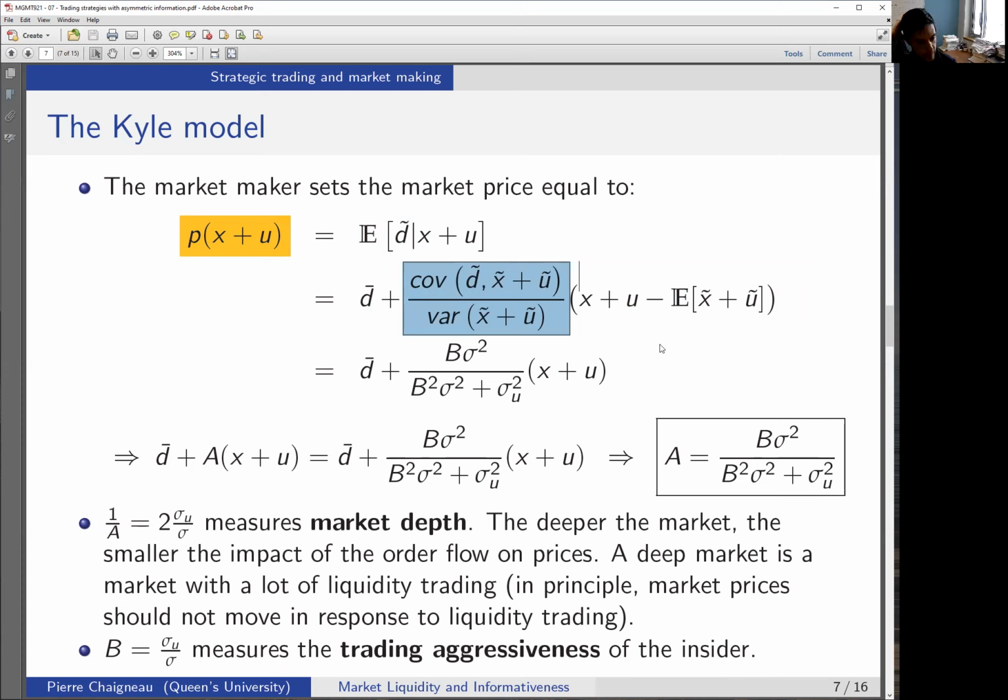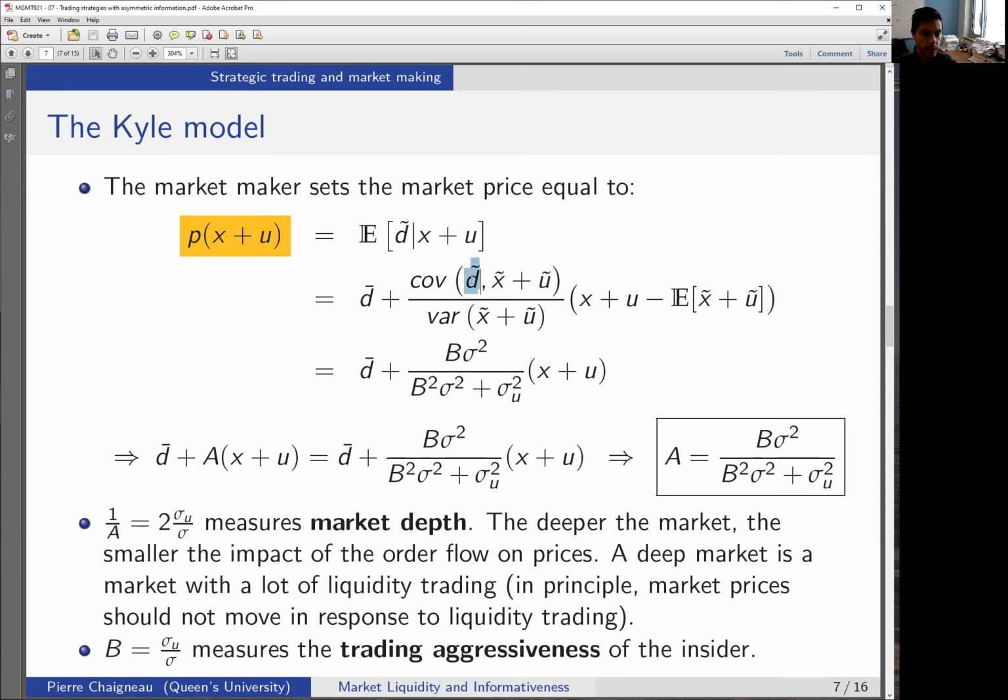And in particular, it depends on the covariance between the fundamental value D of the asset and the order flow. So how are these two things related? And so how much do I update my beliefs about one when I observe the other? Okay, so that's quite straightforward, right?